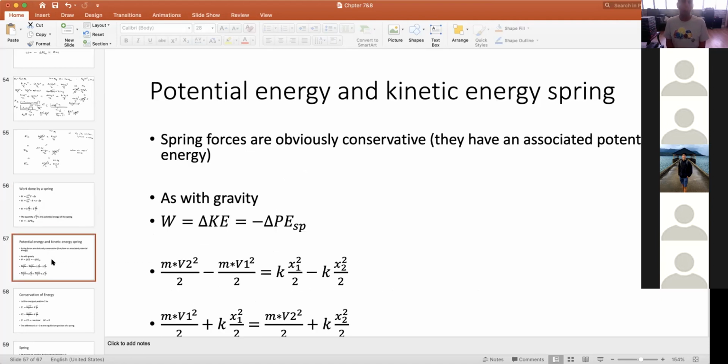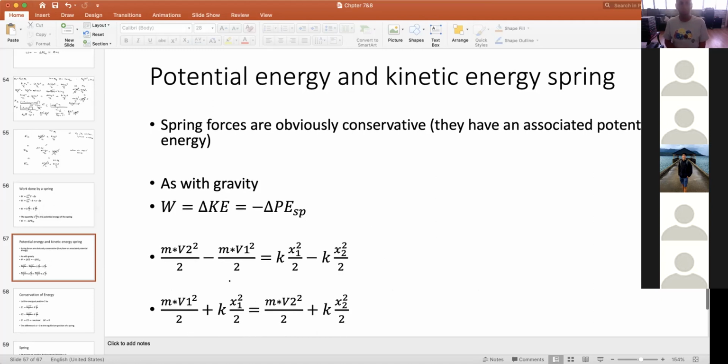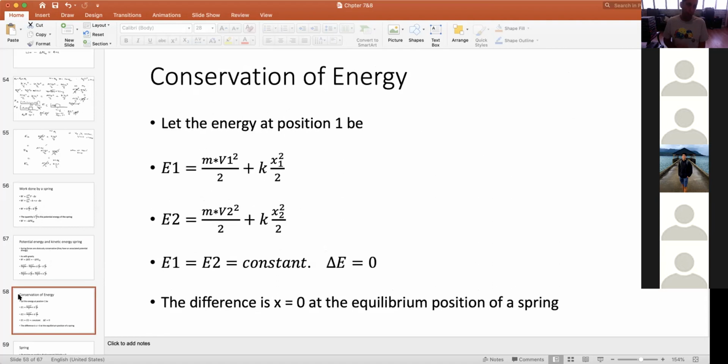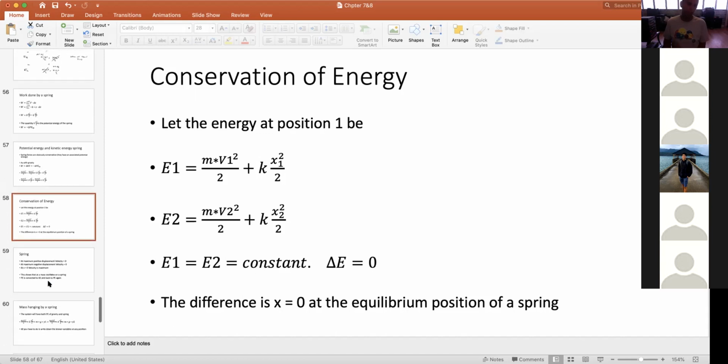So as I explained, potential energy due to a spring is kx squared over 2. Kinetic energy is mv squared over 2. And just like with gravity, it's conservative, meaning that if the only force acting is a spring and the only energy you have is from the spring's potential energy and the kinetic energy, then the energy is always constant and always conserved, which is nice.